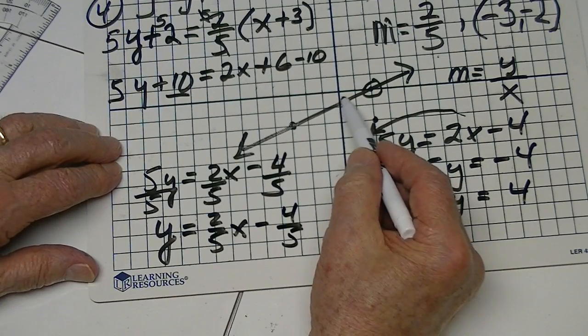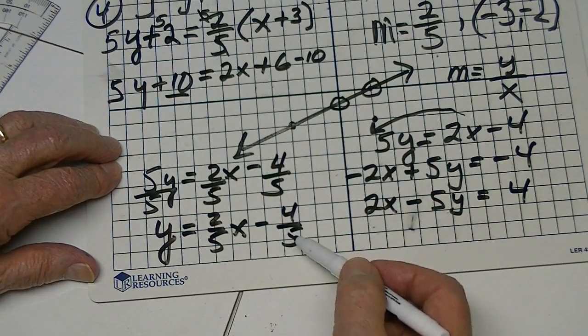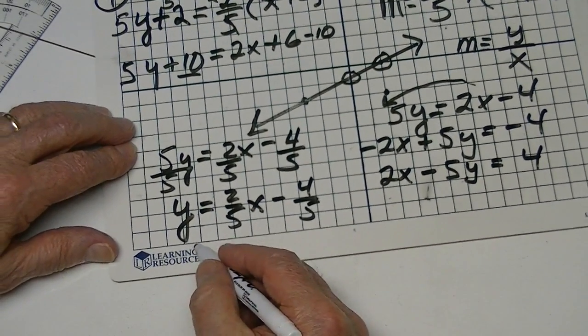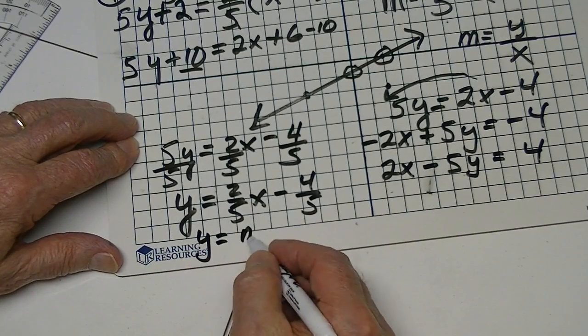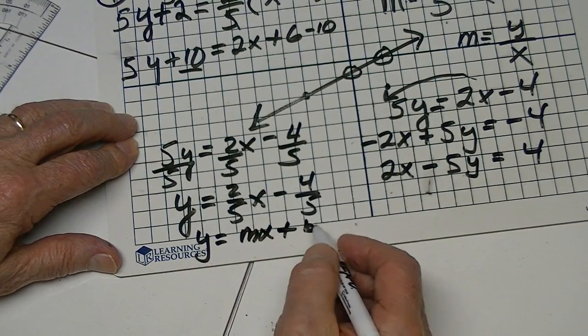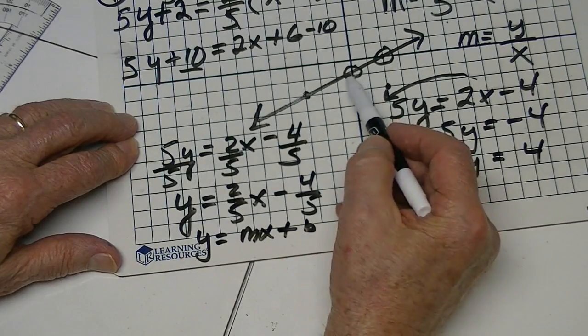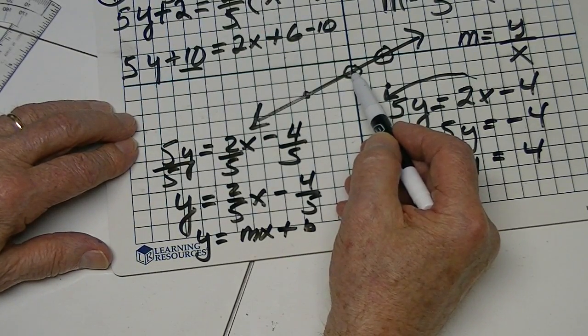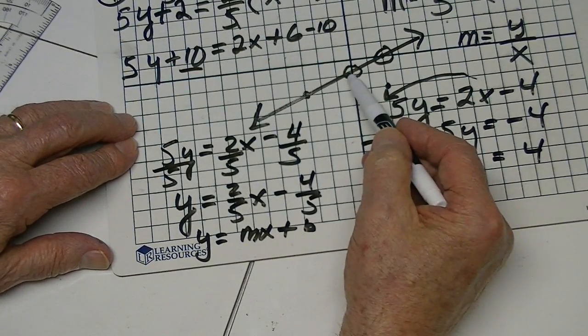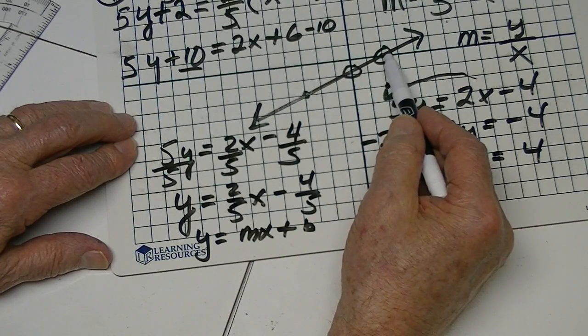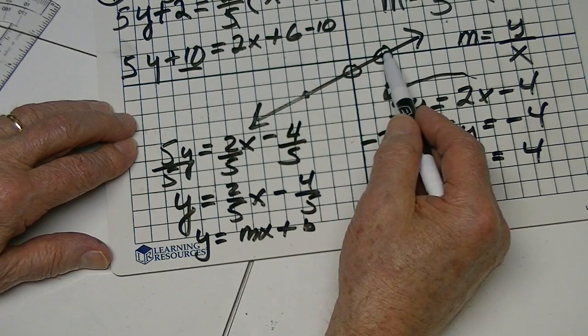And notice now we have the y-intercept, which is our y equals mx plus b. Our b is our y-intercept. Can you see it's just about a negative 4/5, where our x-intercept happened to be a 2.